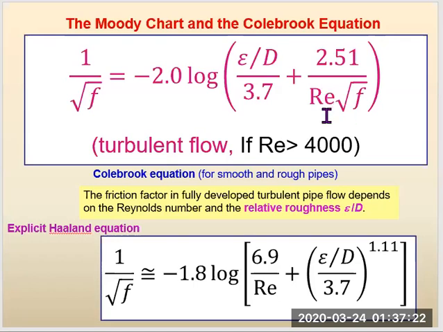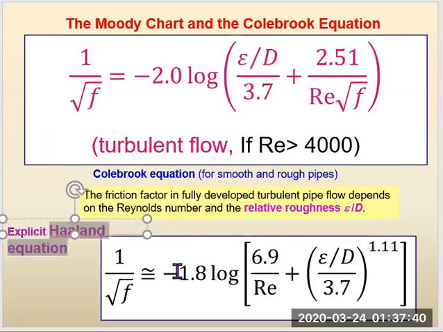As an alternative, for the calculation of Darcy friction factor for turbulent flow, for internal flow when your Reynolds number is larger than 4,000, you can use the Haaland equation. The Haaland equation is easier to use because it is in explicit form, so you have f only on the left-hand side. This equation is a good approximation of the other equation.